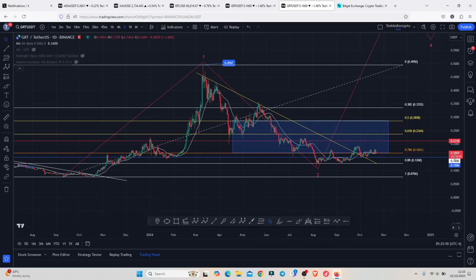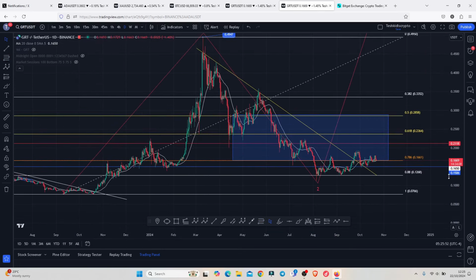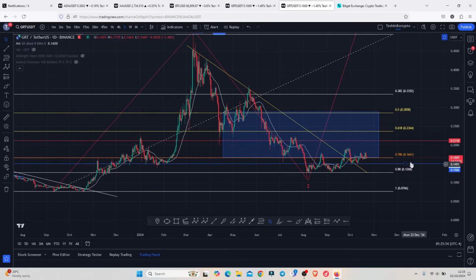And on the Fibonacci's, you can see that the fib level 0.88 lies above the $0.1268.